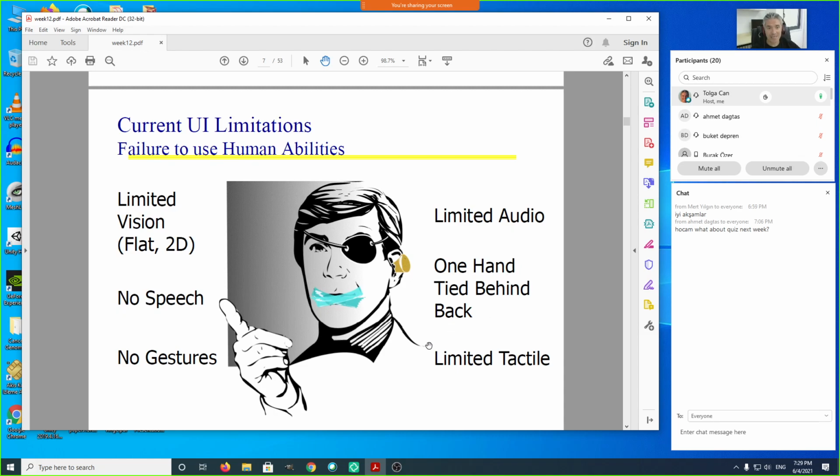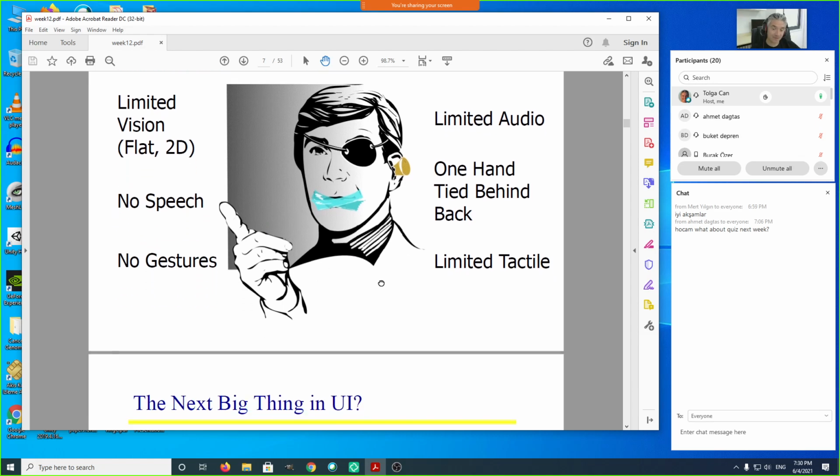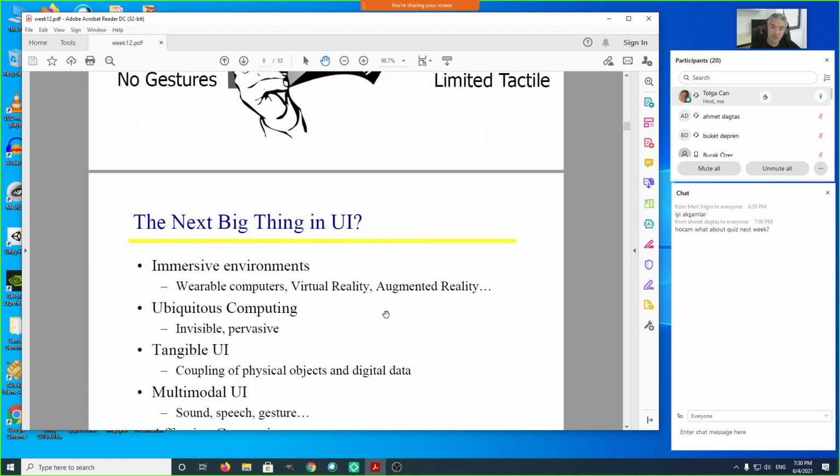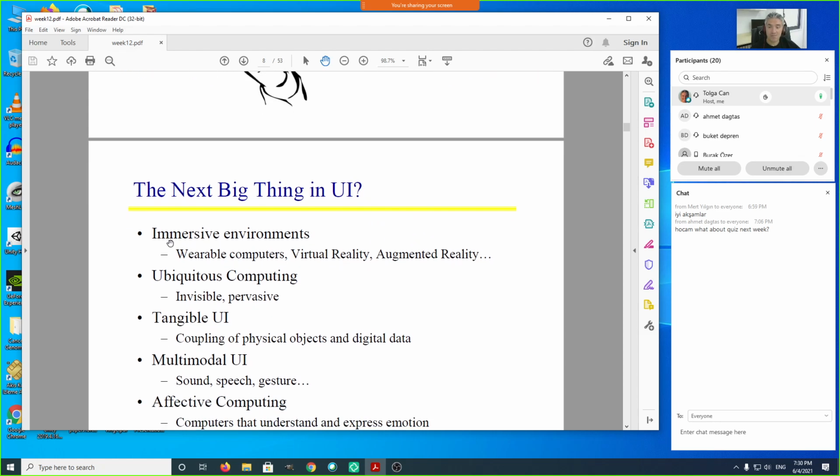I think in these years the technology has matured enough to be able to provide vision-based, speech-based, gesture-based interfaces. So what will be the next big thing in user interfaces? Immersive environments, getting into a completely digital world.